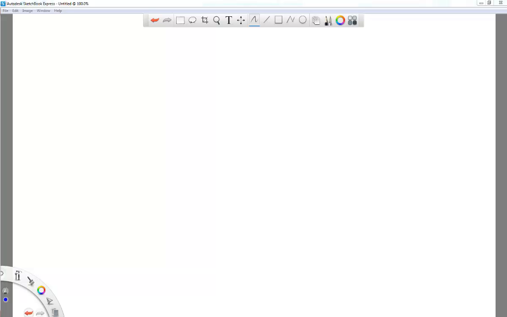Okay, so let's see an example. Let's say that we have two regular languages, and let's say two deterministic finite automata.